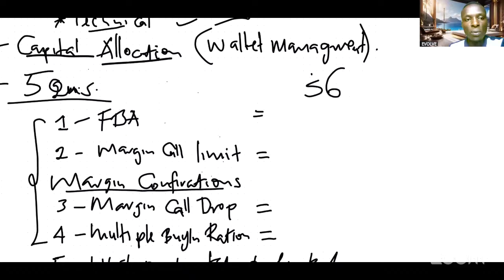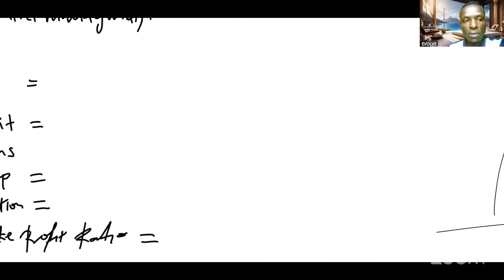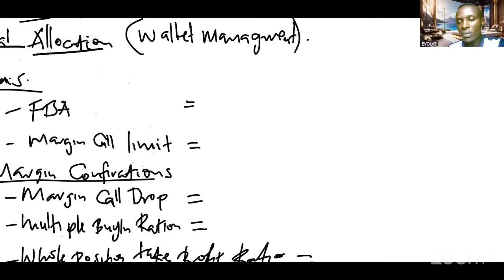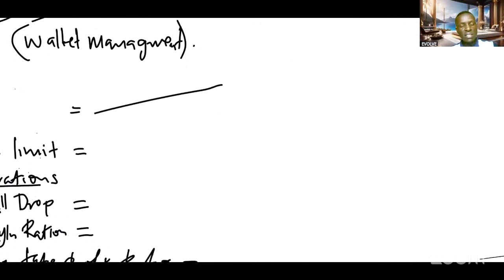So let us answer quickly how we calculate first buy-in amount. Not going to take a lot of time on this. What is it, first of all? First buy-in amount is the money the robot is going to use immediately when it gets in the market out of your total capital.